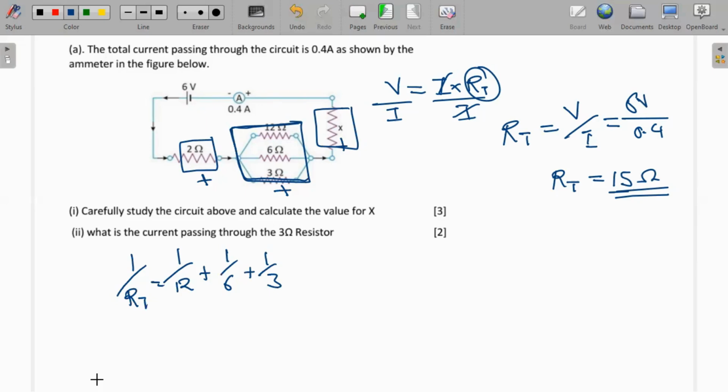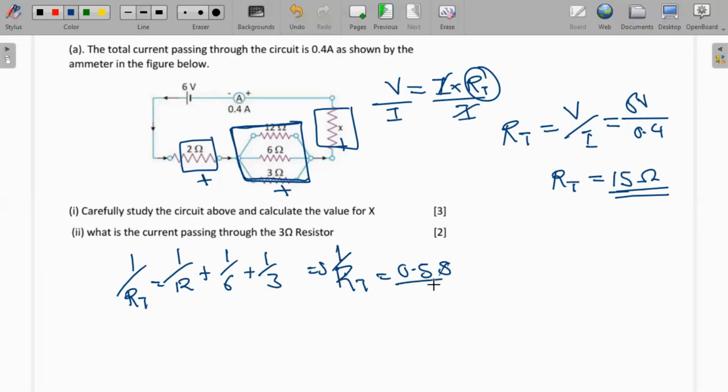What do we get? 0.58. Meaning I should say 1 over R total is equal to 0.58. This is what you mean, right?